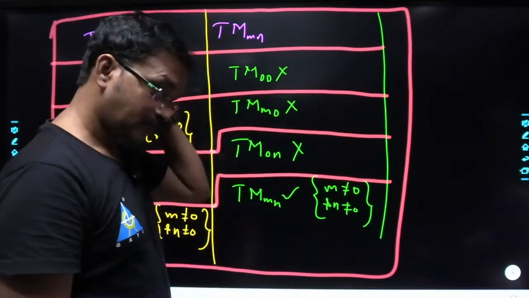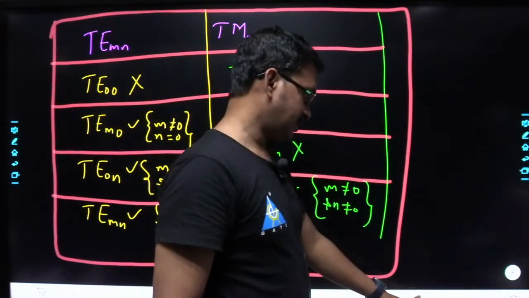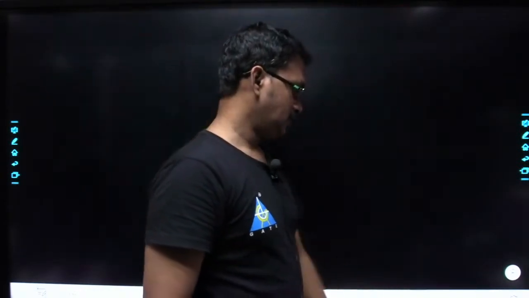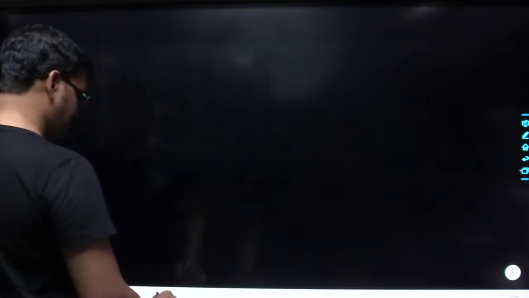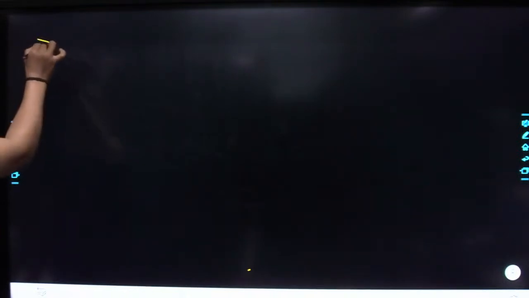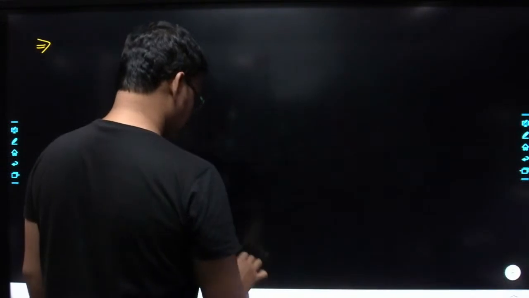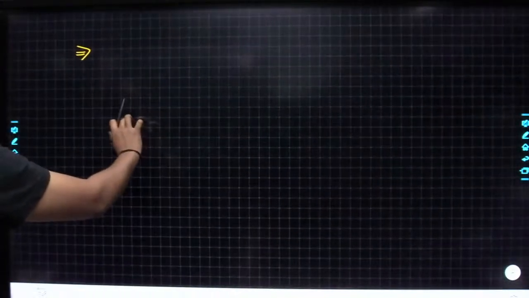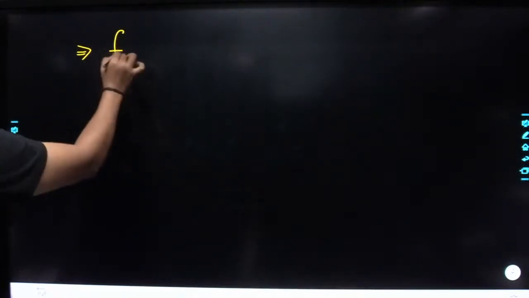So this is how we can tell which modes are possible and which modes are not possible, right? Basically most of the questions in case of rectangular waveguides are going to be based upon the cutoff frequency. I am not deriving that cutoff frequency, so I will just give you the formula for cutoff frequency in case of rectangular waveguide.